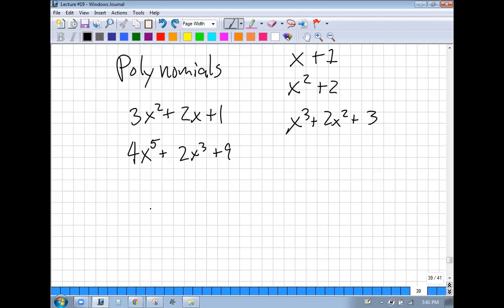So I'll say Cn x to the n, plus Cn minus 1 x to the n minus 1, plus all the way down to C sub 0, x to the 0. All polynomials look like that. Another way to write it is ax to the n plus bx to the n minus 1 plus all the way down to nothing. Let's see, how do they write it?